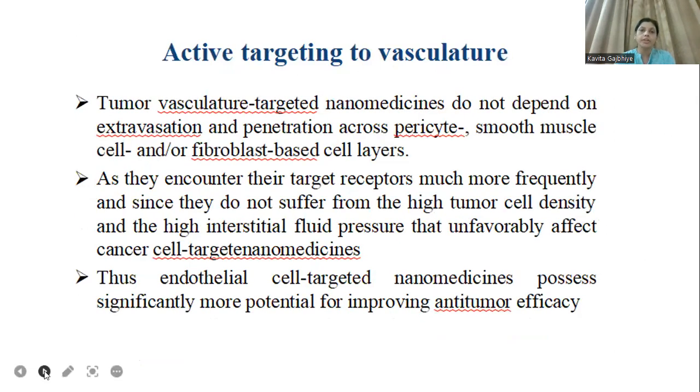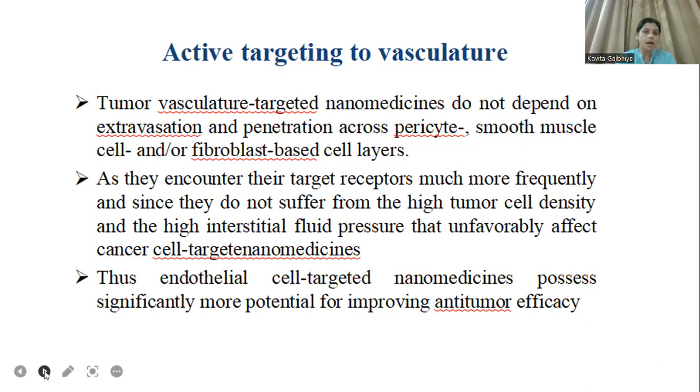Now, active targeting to vasculature. What is this actually? In the case of tumor vasculature targeted nanomedicine, it does not depend on extravasation and penetration across the pericyte, smooth muscle cell, and fibroblast-based cell layers.